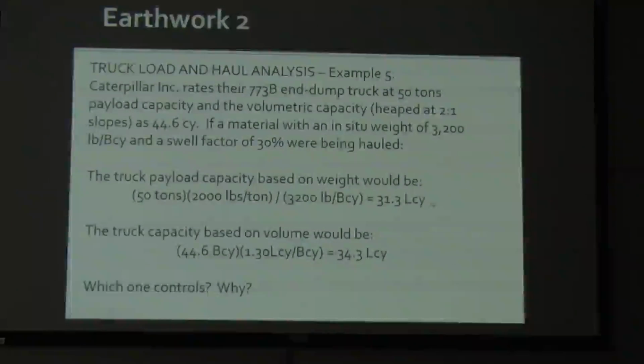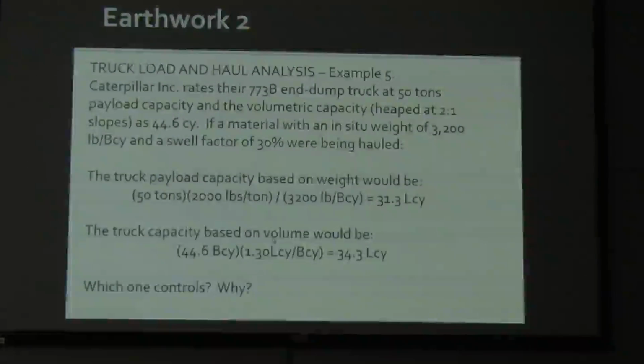That means we could have 31.3 loose cubic yards in the back of the truck if it could hold 50 tons.